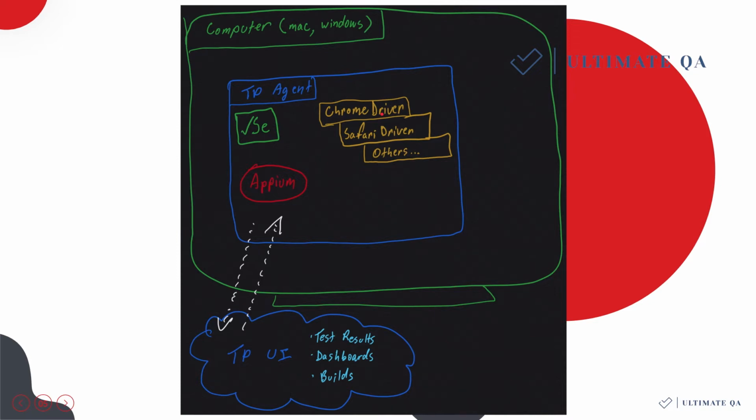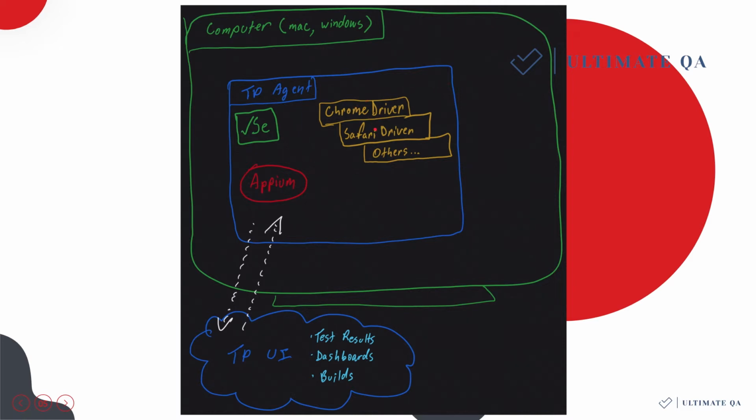If you wanted to use Safari, you would then need to download a Safari driver and so on. And if you needed Appium, you needed to install Appium inside of your POM XML and then be able to use it as well. The TestProject agent wraps all of this for us inside of one nice package that we download and just keep updated, instead of updating everything else on our own.